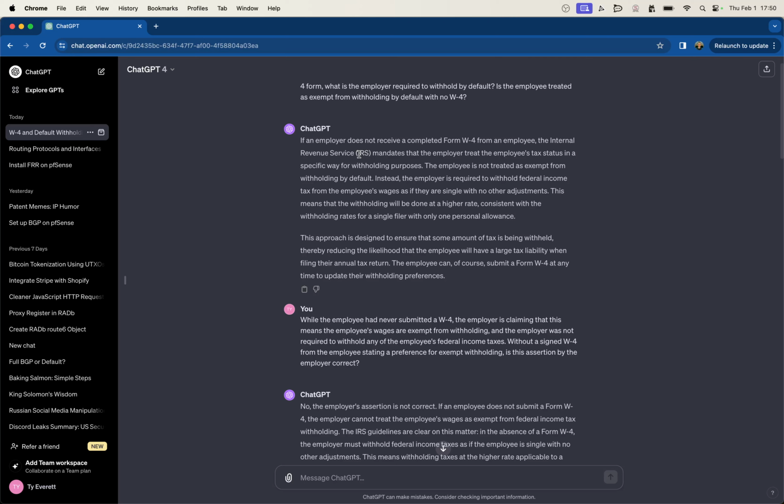If this is not correct and these actions were deliberate, why might the employer be trying to act in this way? What motivations would they have to convince their employees of this false information? And a follow-up question.